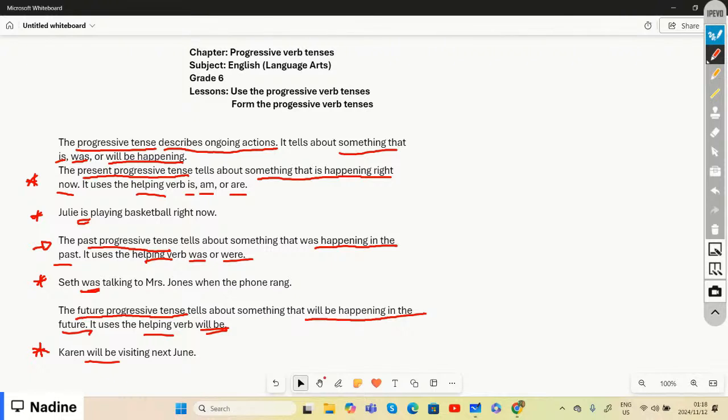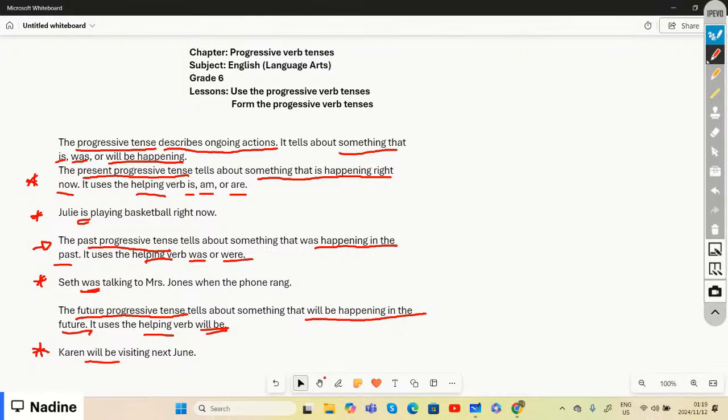All right. So we see that when it comes to progressive tenses, we have the present progressive tense, the past progressive tense, and the future progressive tense. The present progressive tense tells about something that is happening right now, and it uses the helping verb is, am, are. Then we have the past progressive tense.